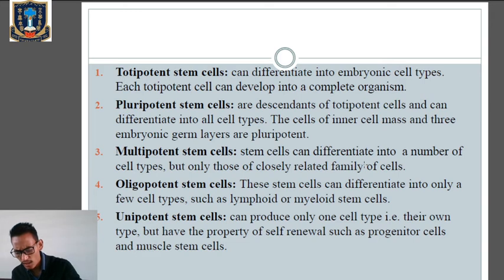Now let us see a few diseases where stem cells can be used, those diseases where we can mainly use stem cell technology for treatment. It can be used for diabetes, for rheumatoid arthritis, the joint pains, for Parkinson's disease, Alzheimer's disease, osteoarthritis.